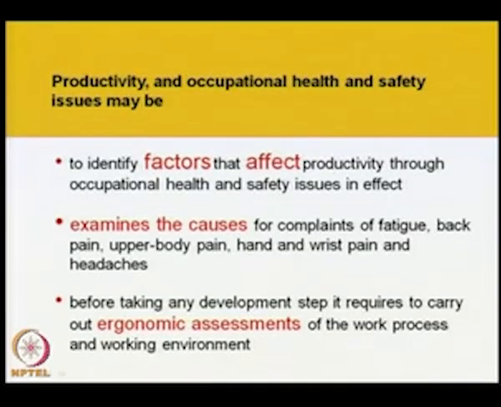Productivity and occupational health and safety issues may be to identify factors that affect productivity through occupational health and safety issues, in effect, examining the causes for complaints of fatigue, back pain, upper body pain, hand and wrist pain and headaches. Before taking any development step, it requires carrying out an ergonomic assessment of the work process and working environment.